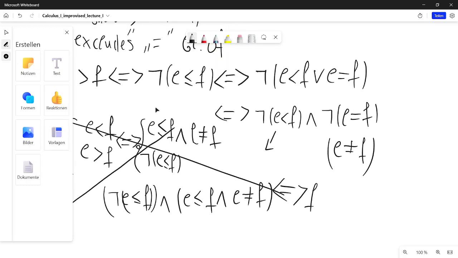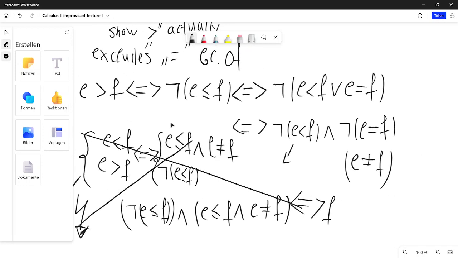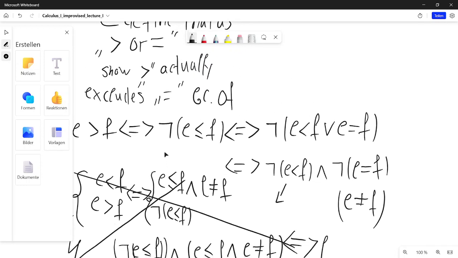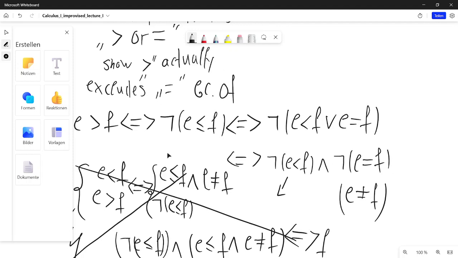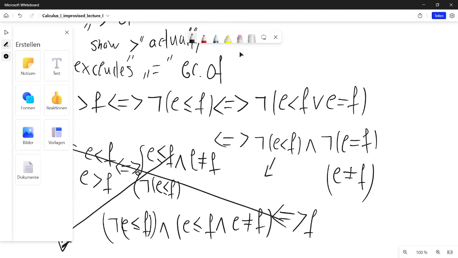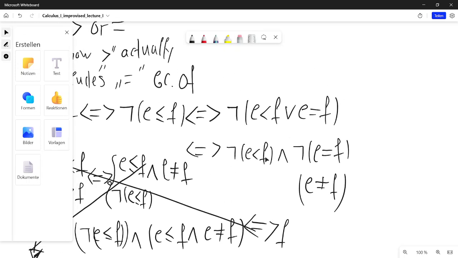Now I'd like to show that it excludes inequality. Excludes inequality, right? So what I'd like to show is I have equality here. I have here a small equal, I have here more, I have here equality. And then we have that.